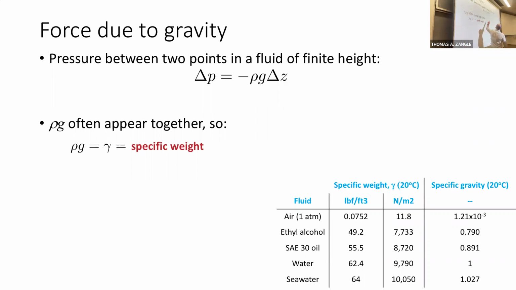We're going to see these terms rho g appear together quite often when we're dealing with this kind of fluid statics type problems. And since we're also generally going to be doing this on Earth, where g is 9.81 meters per second squared, we're going to typically group these two terms together and say rho g is gamma, the specific weight. Gamma is not to be confused with that epsilon or y looking thing that we use for the coefficient of surface tension.